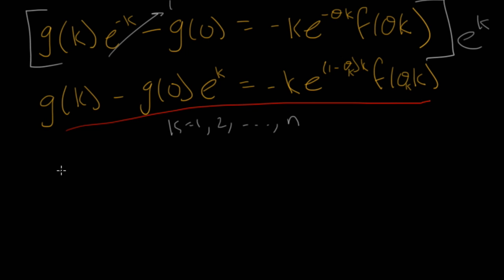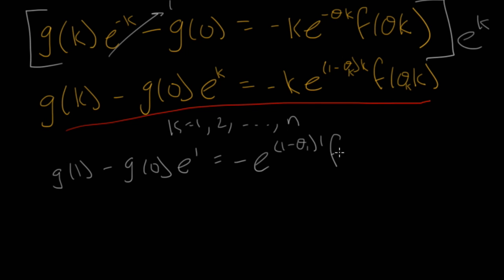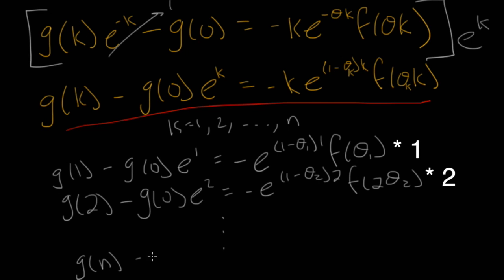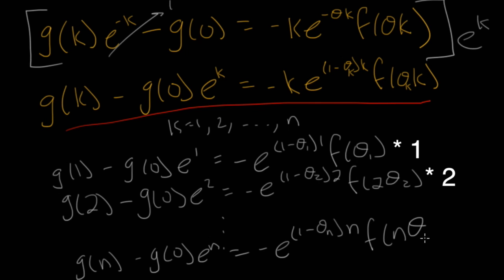So we get g of 1 minus g of 0 e to the 1 equals negative e to the 1 minus theta 1 times 1 f of theta 1, g of 2 minus g of 0 e squared equals negative e to the 1 minus theta 2 times 2 f of 2 theta 2, all the way to g of n minus g of 0 e to the n equals negative e to the 1 minus theta n f of n theta n.